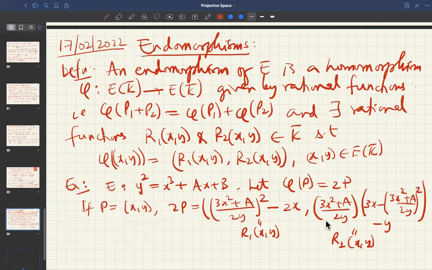An elliptic curve is a group, it has a group structure, so it's a homomorphism of these two groups. An endomorphism means a group homomorphism from one group to another. So this is how we define an endomorphism. This is an example.